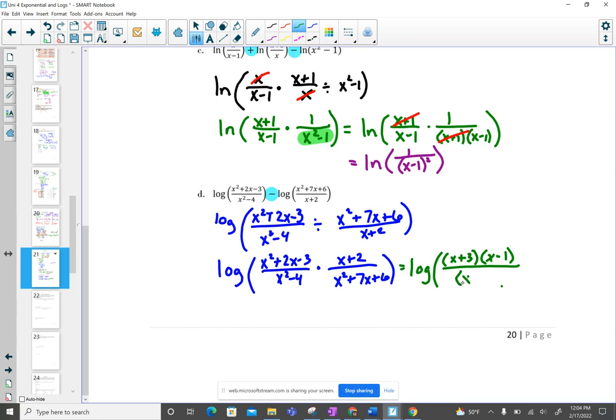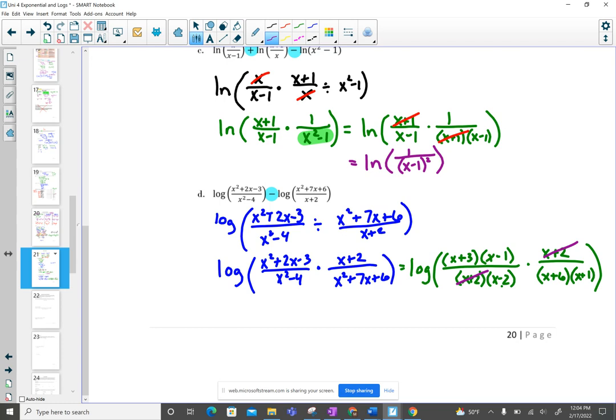The bottom is the difference of 2 squares, so it's x plus 2 times x minus 2. The top can't be factored, but the bottom can, and it's x plus 6 times x plus 1. So not much has changed except for these.